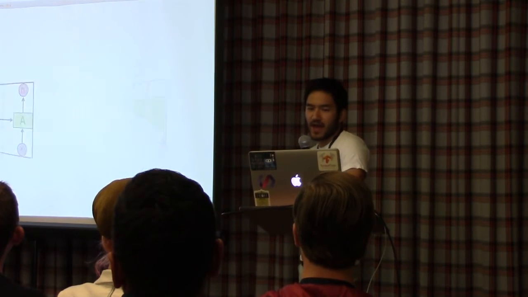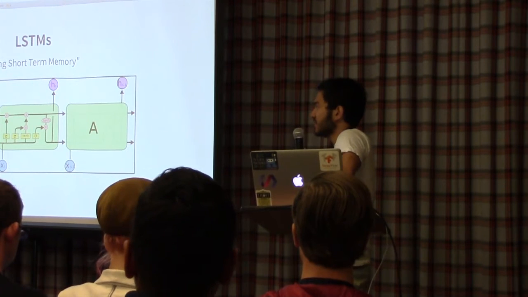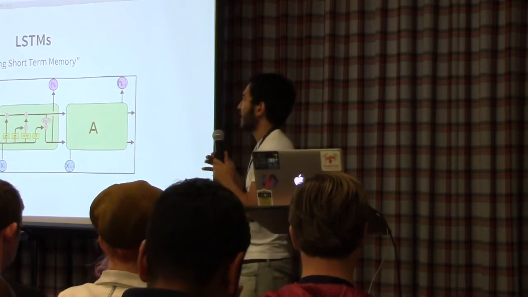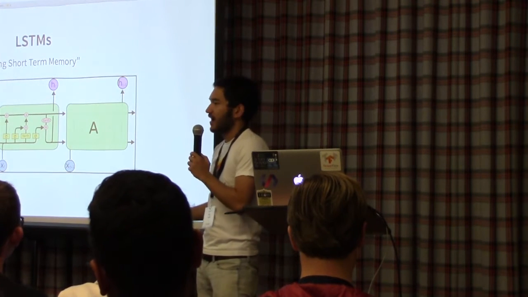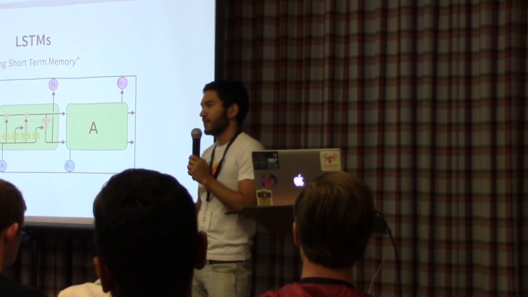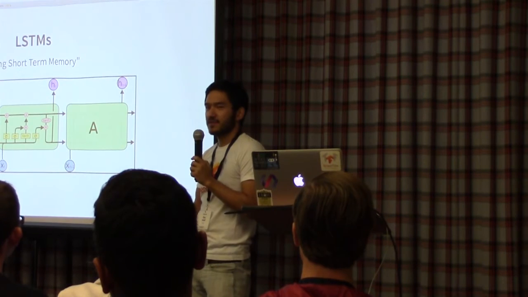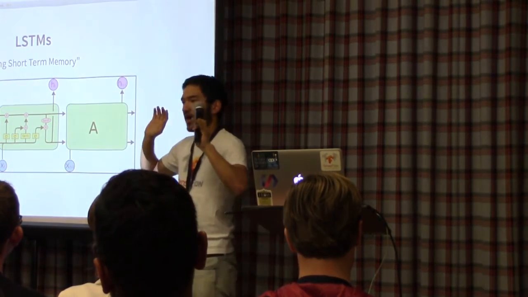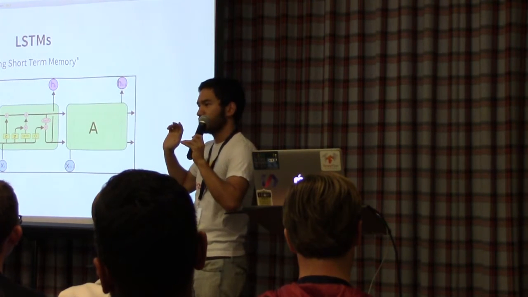And then we also have LSTMs. This is a particular variant of a recurrent neural network where it now has a complicated internal structure. The basic idea was that recurrent neural networks are not very good at remembering things. So LSTMs have an explicit mechanism by which they have, quote unquote, short-term memory and long-term memory.